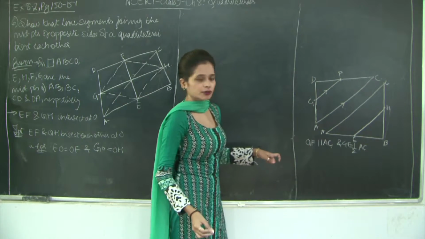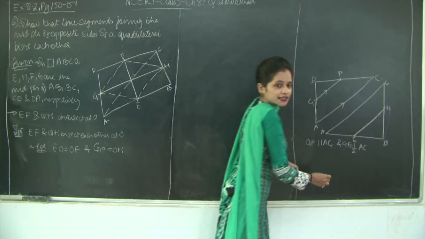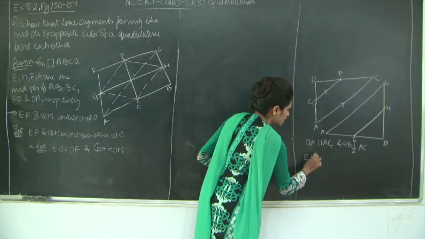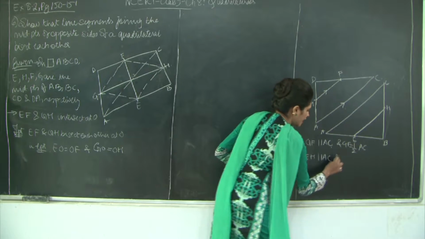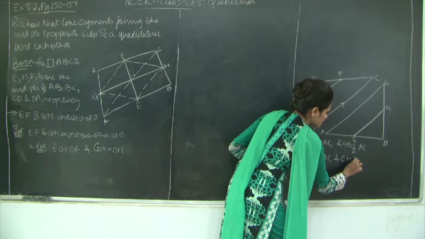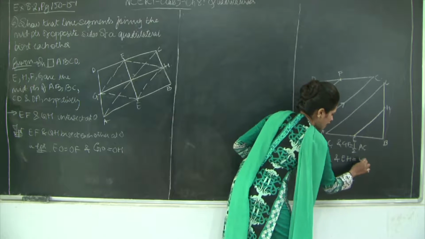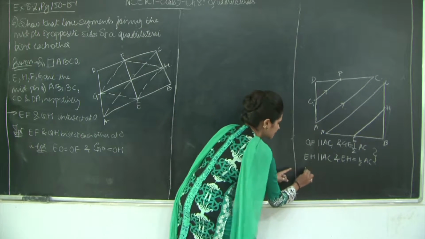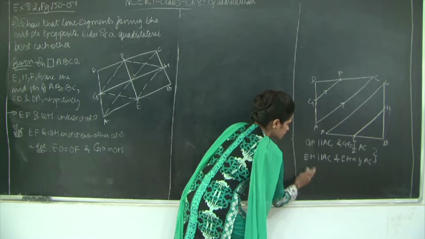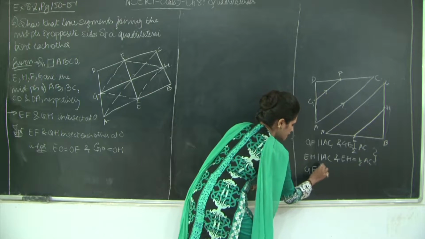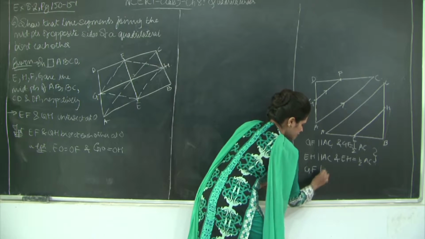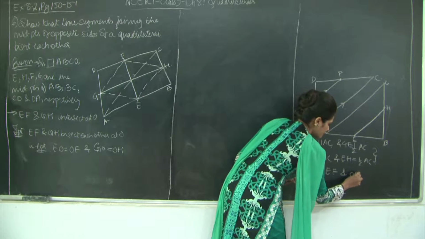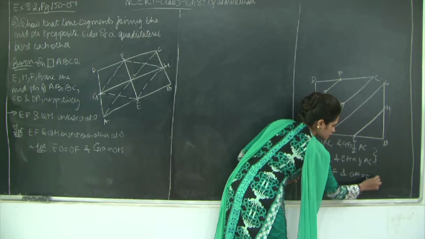Therefore, through the midpoint theorem, EH is parallel to AC and EH is equal to half of AC. So, from these 2 points, GF is parallel to EH and GF is equal to EH.